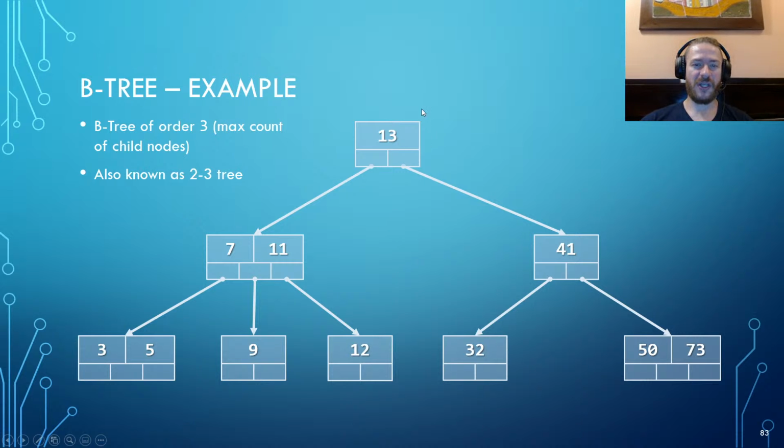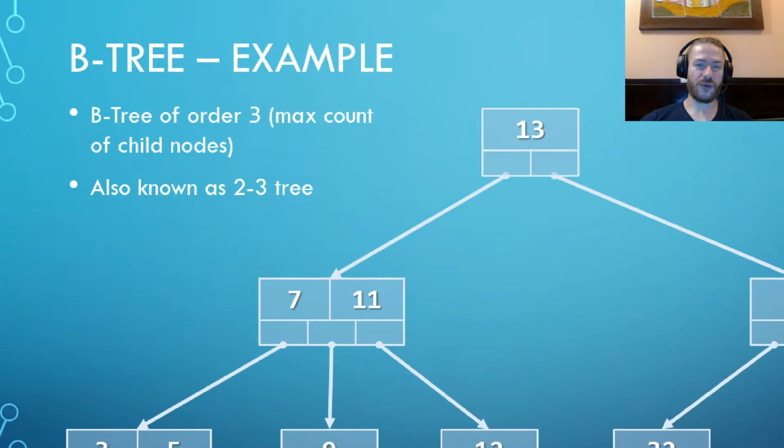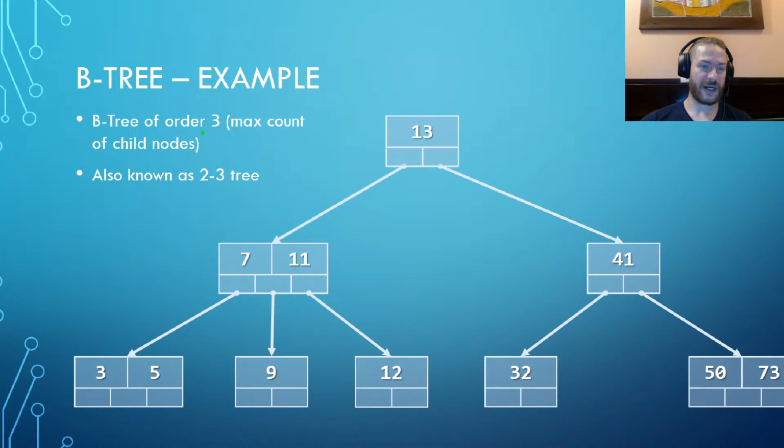So this is a B-tree, and the most famous B-trees are B-trees of order 3. That means that a B-tree of order 3 must have at most 2 values in a node and at most 3 connections.